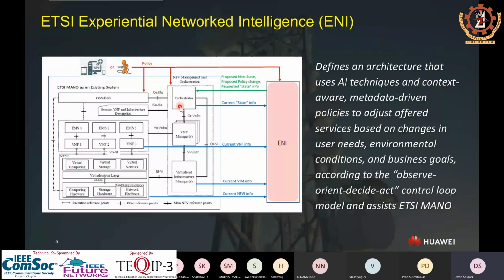There are a number of use cases studied, but I think the high-level architecture is available, and you may find it on the ETSI website. And what we need to remember here is that this initiative is really to assist the ETSI MANO, the management and orchestrator, to make proper decisions.